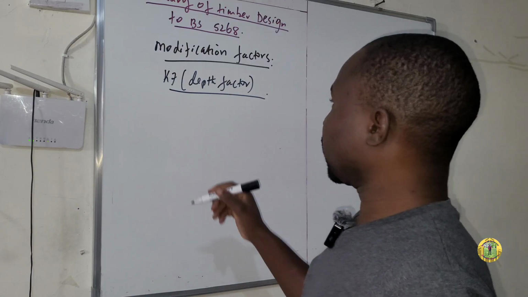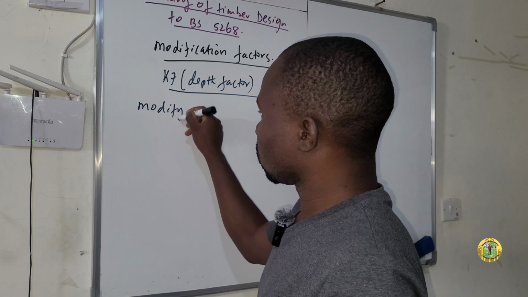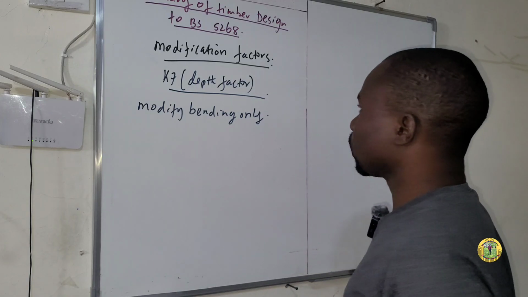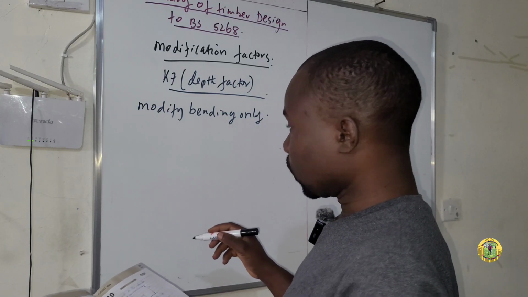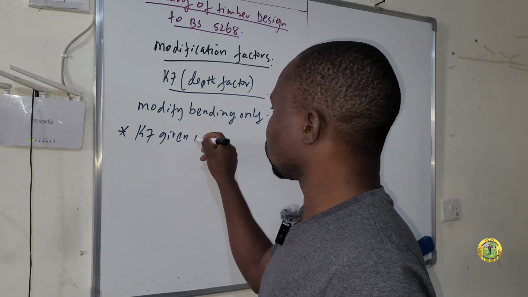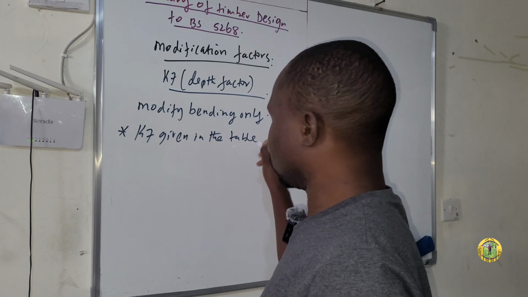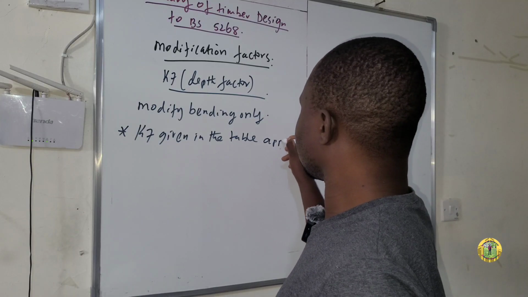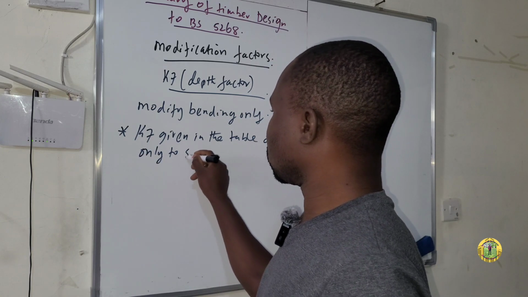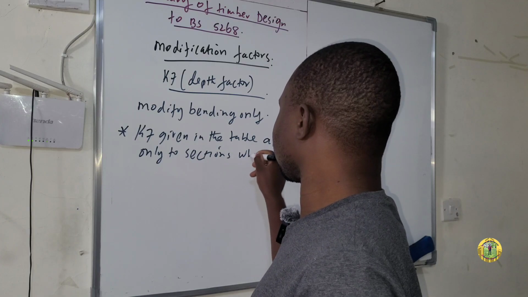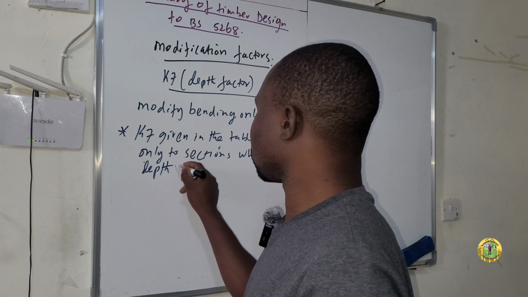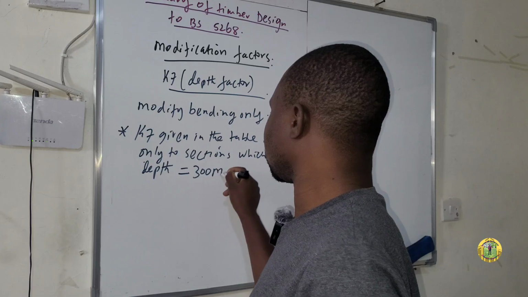So this one modifies bending only. The K7 given in the table applies only to sections which have a depth equal to 300 millimeter.